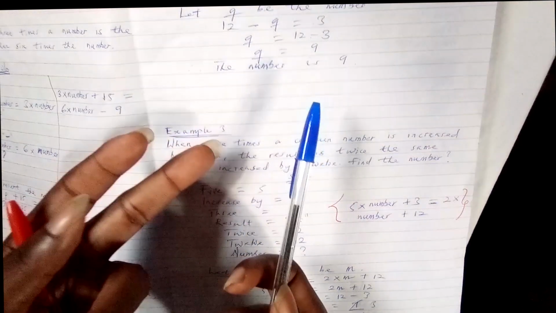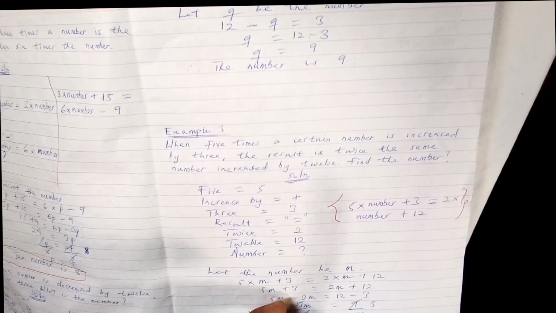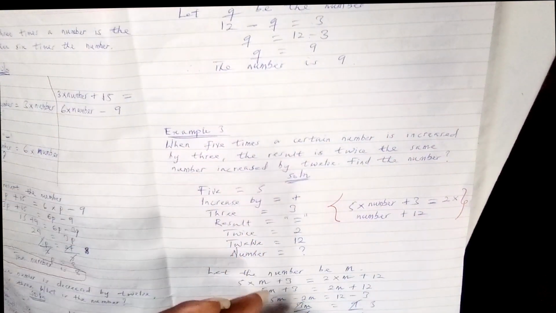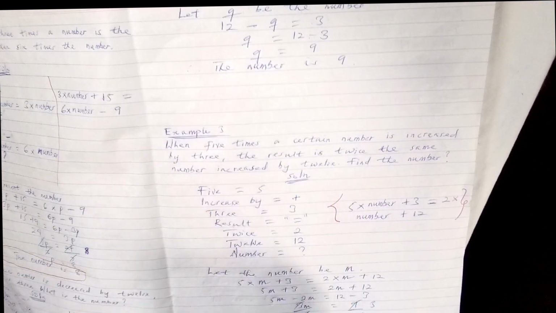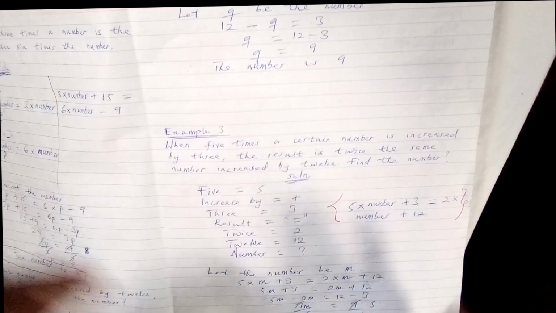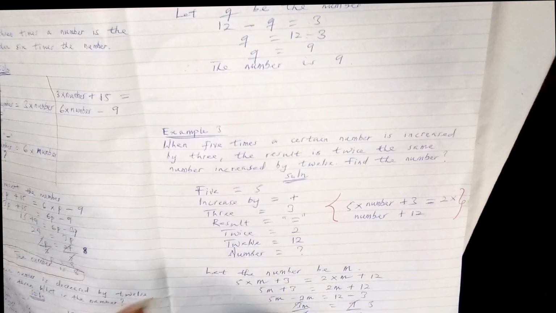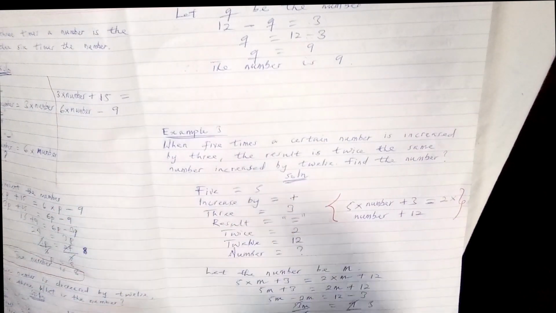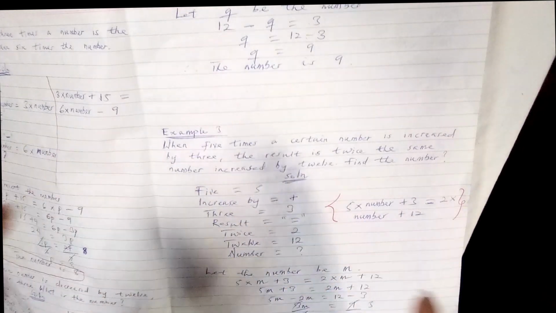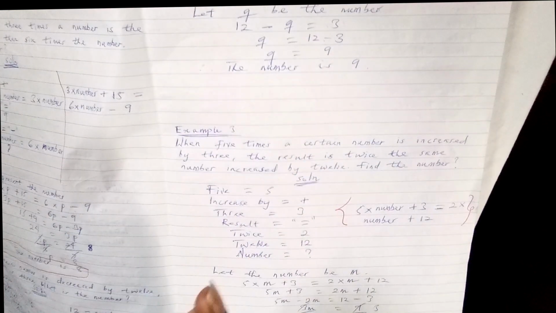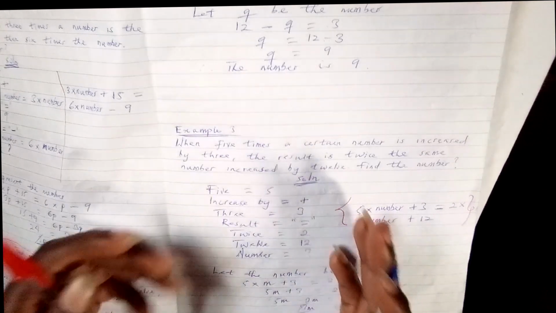You introduce it yourself. Therefore, you use it to solve to get your value for the number we are looking at. So after you are done with it, you have to let the number correspond to the answer you got. That is as simple as A, B, C, D. At this juncture, for the sake of time, I will pause here.